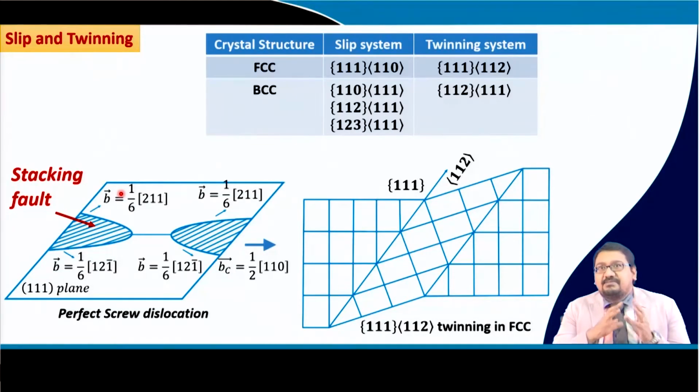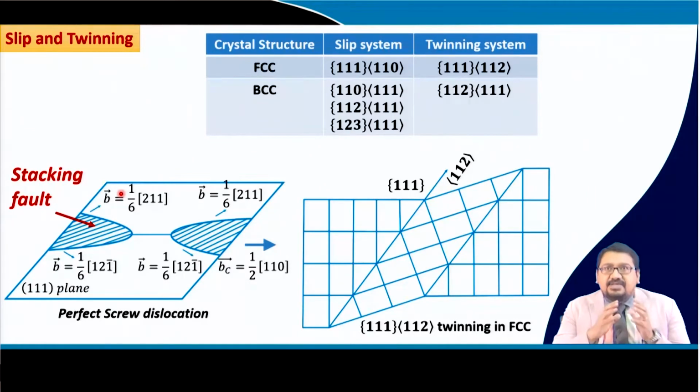Now, why is the 111 stacking important? Because the closest packed slip plane is the 111 plane, and that is the plane of our interest. It does not mean that stacking faults do not occur in other planes, they do, but the plane of our interest is the 111 plane, which is the closest packed in the face centered cubic material.